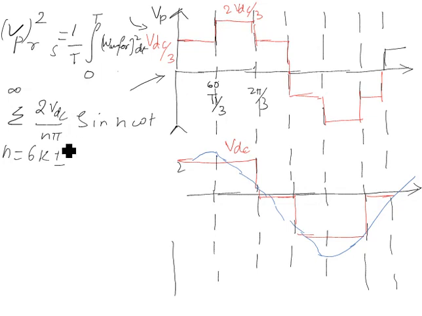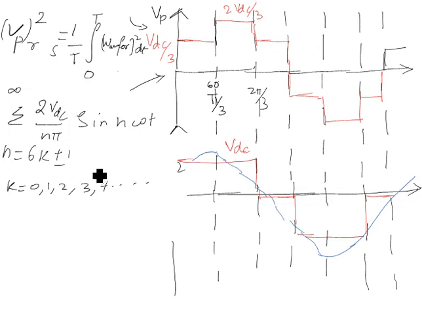So what will be your fundamental? Fundamental means n equal to 1. If you put n equal to 1, it will be 2 VDC by pi sine omega t. So that is the fundamental. Here there is one more index, that is k. k varies from 0, 1, 2, 3, 4 and so on.